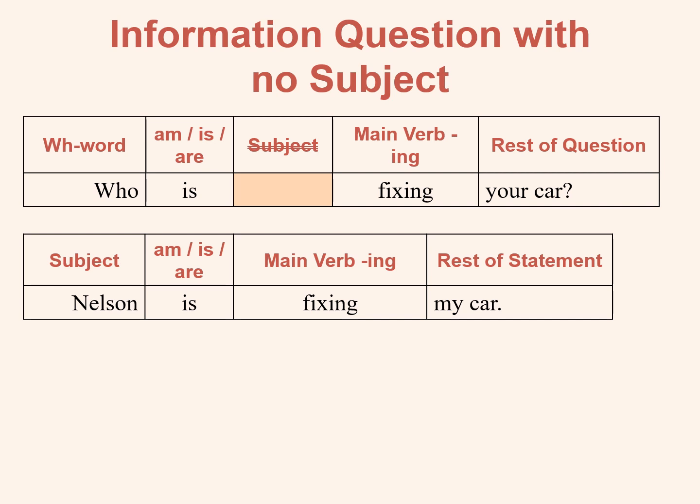So if there's no subject, then we cannot put the subject before am or is or are because there is no subject. And then a possible answer is Nelson is fixing my car. So notice Nelson is in the subject position in the statement. It does not contrast with the question because in the question there is no subject.